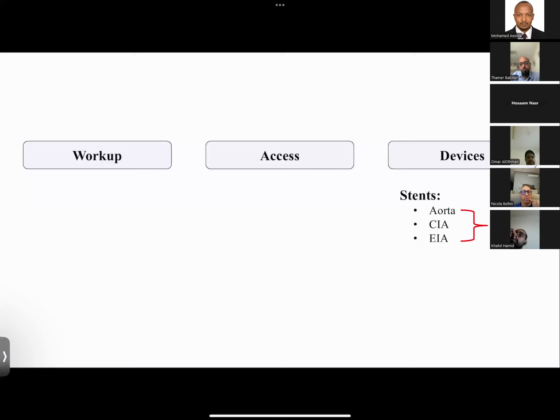So I use covered stents for everything. And for the aorta and the common iliac, I use a balloon-mounted stent because you need accurate, millimeter-accurate deployment in those areas. And in the external iliac, you need something more flexible because the external iliac artery is a tortuous, mobile vessel. So I use self-expandable.